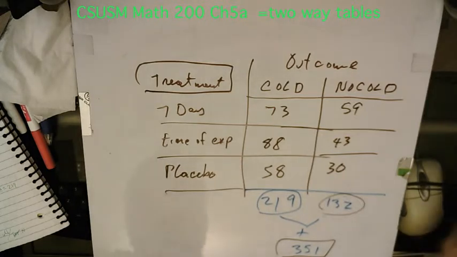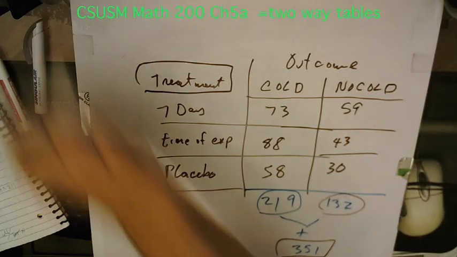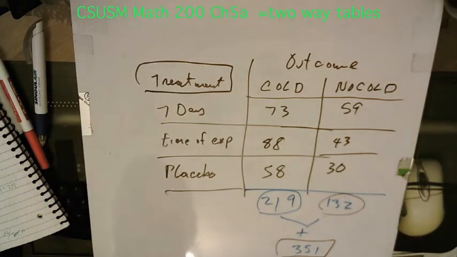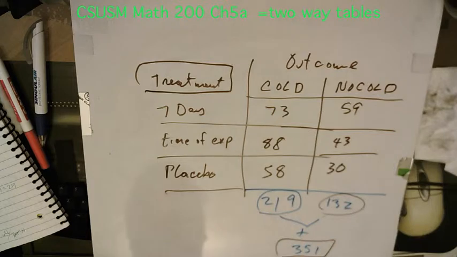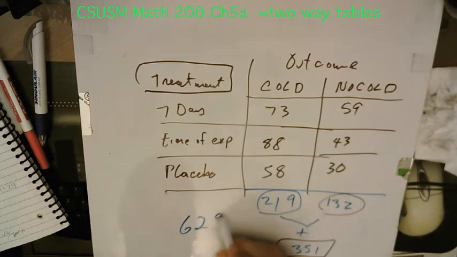In number 11, it asks us for the percent diagnosed with a cold. So what we would do is take 219 over 351, and that turns out to be about 62% were diagnosed with a cold.